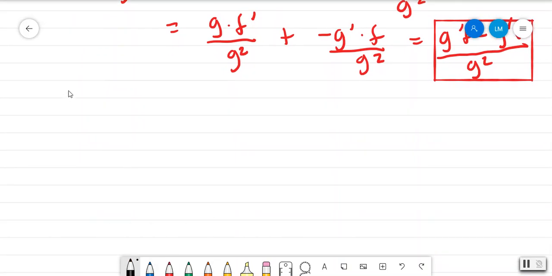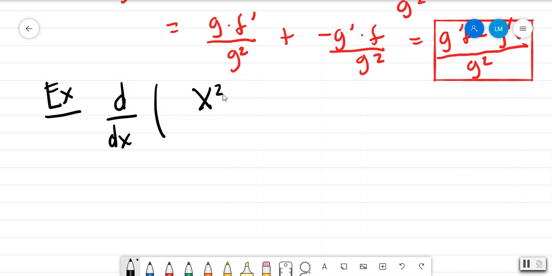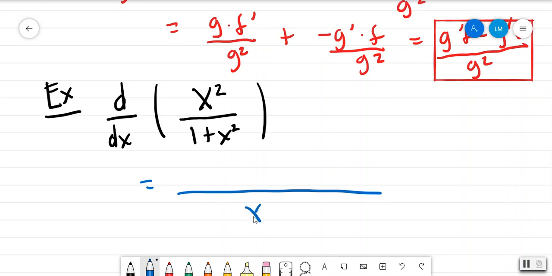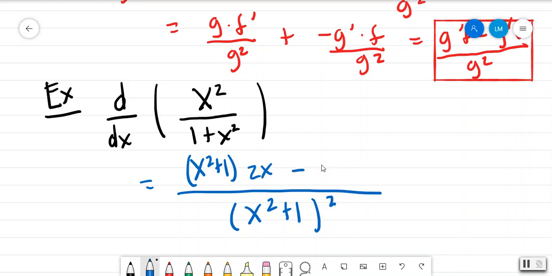So for example, if I want to find the derivative of, say, x squared divided by 1 plus x squared, well, this is equal to, okay, so we have x squared plus 1 to the second, then we have x squared plus 1 multiplied by 2x minus, well, the derivative of the denominator is also 2x, so that's going to be 2x times x squared. So this actually reduces a little nicely.